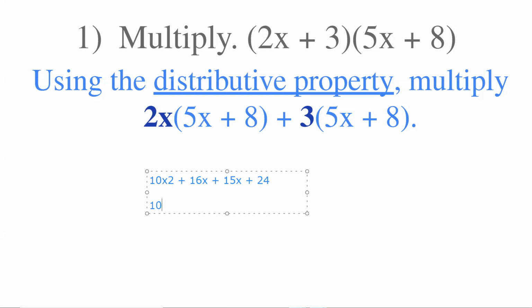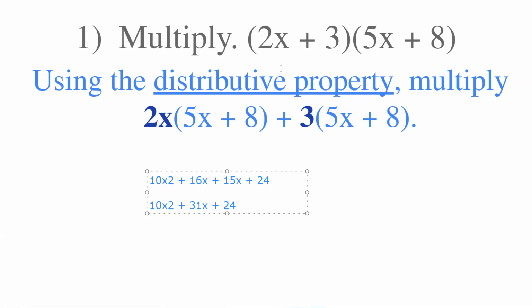So we're going to have 10x squared stay the same. And now you have to combine 16x plus 15x, which equals what? 31x, and then plus 24. And that's it. So you can use the distributive property.